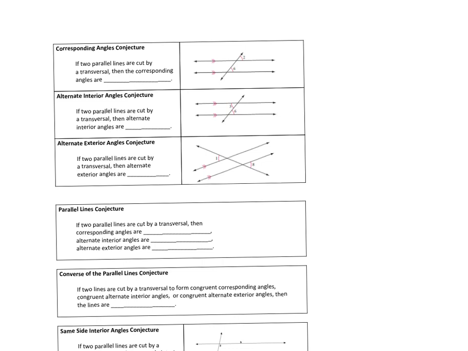Lastly, we have some postulates. I've got some good news for the most part here, because most of these terms are all going to be the same. Corresponding angles conjecture: if two parallel lines are cut by a transversal, then the corresponding angles are congruent. Alternate interior angles: if two parallel lines are cut by a transversal, then alternate interior angles are going to be congruent.